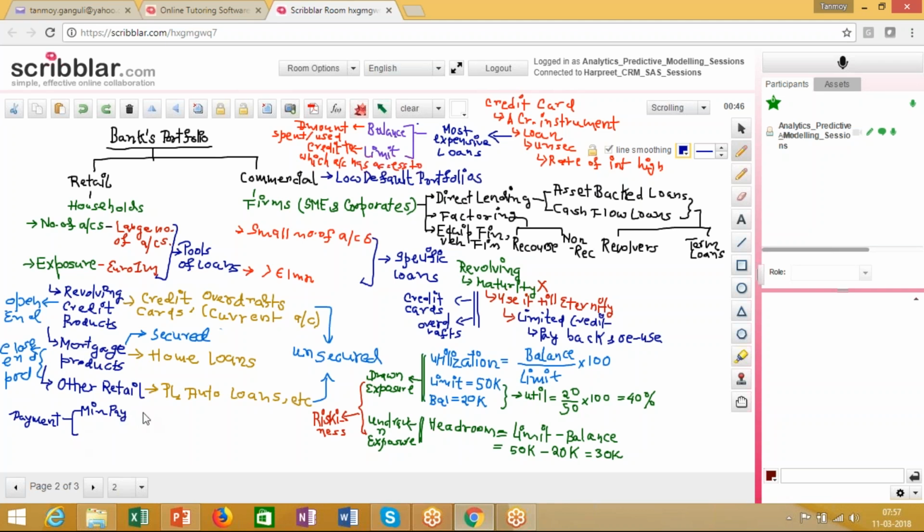And another is a payment which is greater than the minimum payment. So basically, you just pay a certain amount which is much greater than the minimum payment as well.